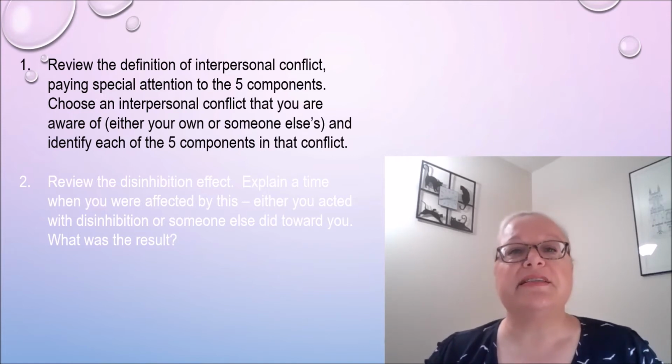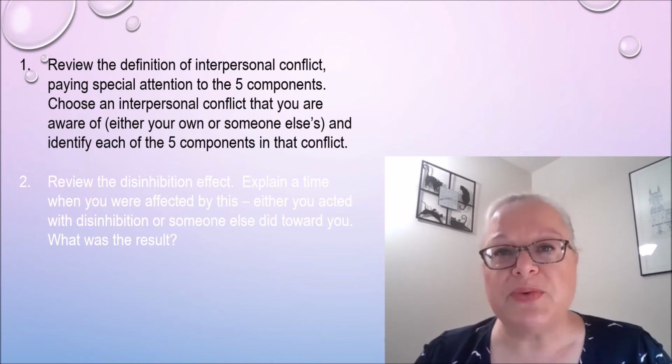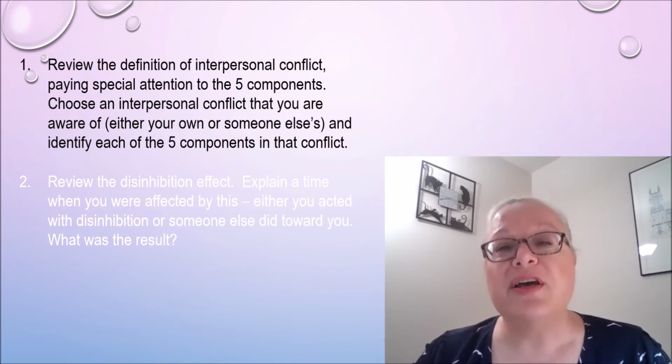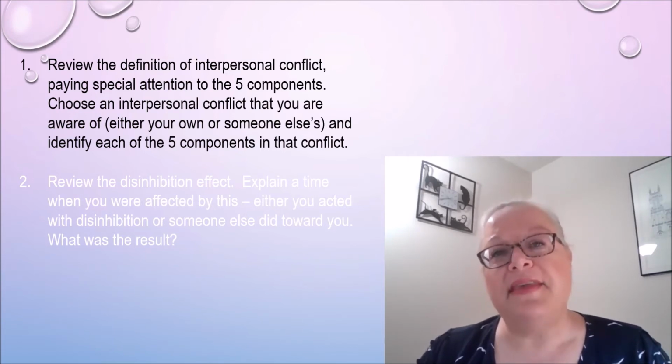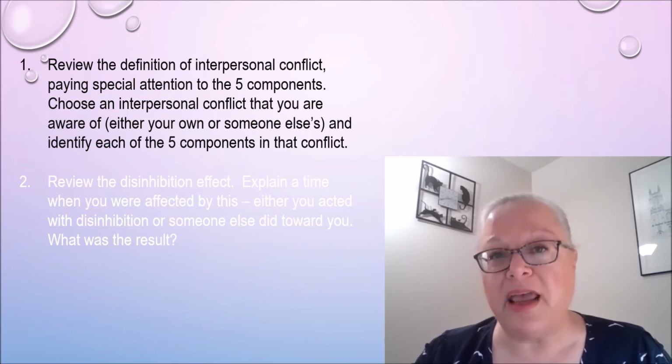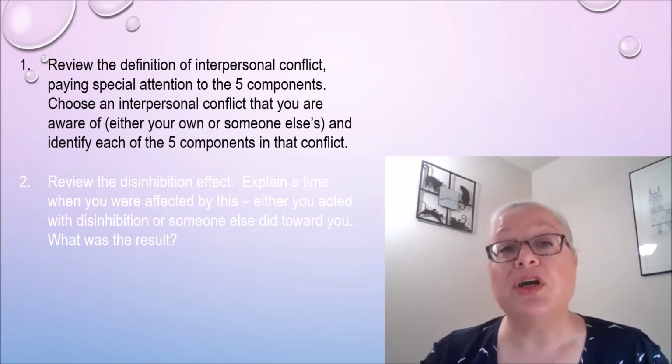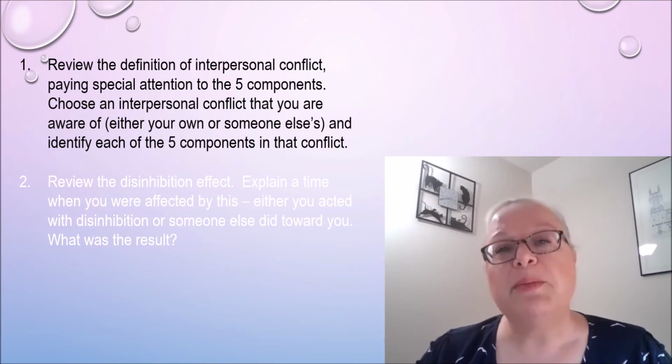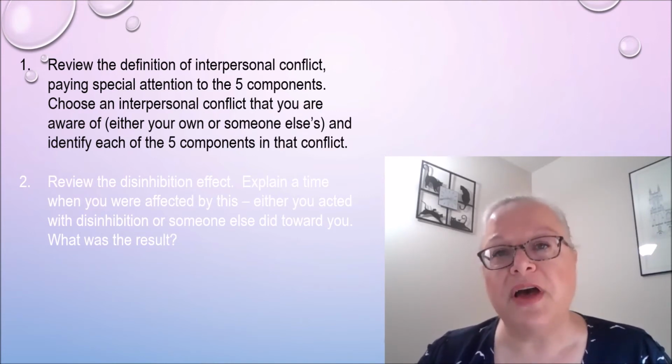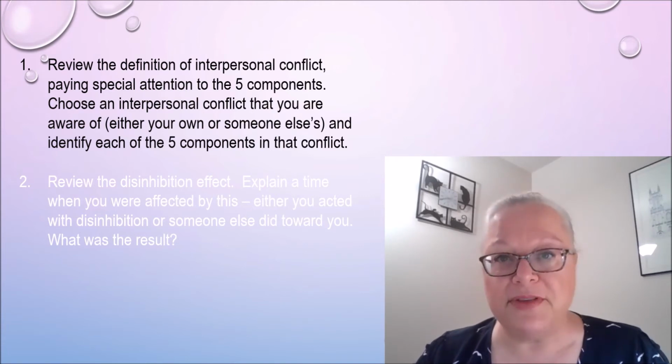So things like the expressed struggle and the perception of scarce resources and the other components that are listed there. Think about those and then try to identify them in a specific conflict that either you have been a part of or it can be somebody else's conflict. But briefly explain the conflict and then identify each of those 5 components in that conflict.